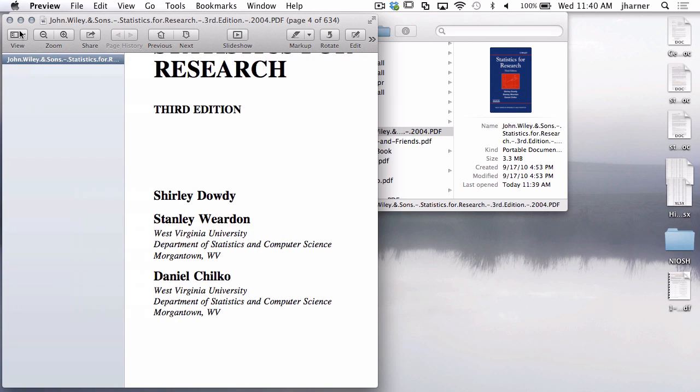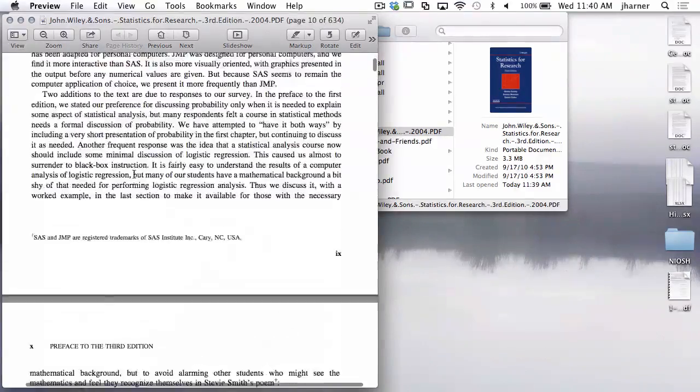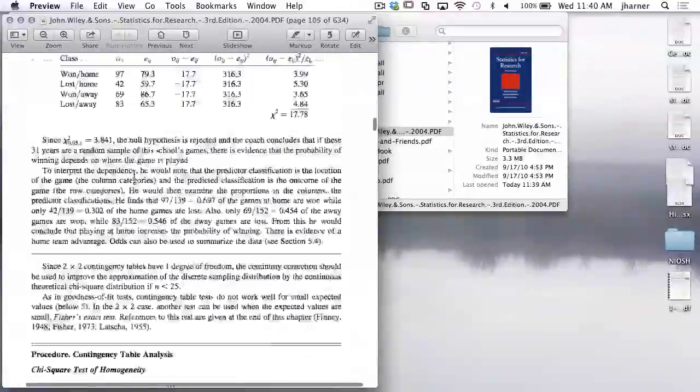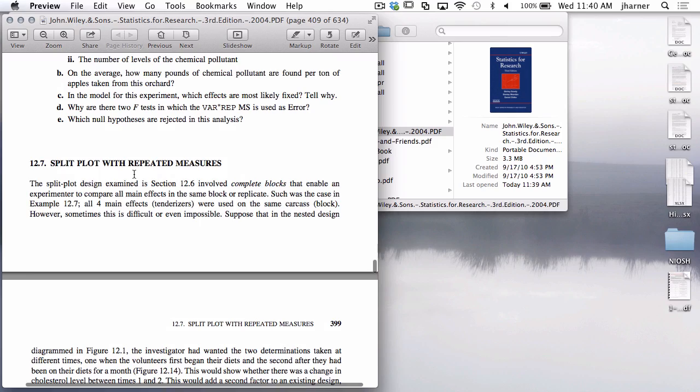This doesn't have a table of contents. There's no good way to get there other than to scroll fast. Split plot, yeah.